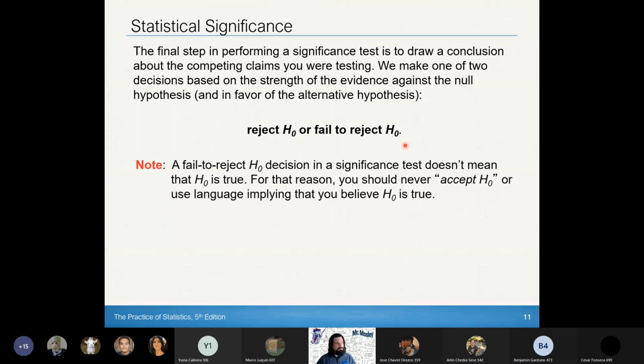Note: a fail to reject H naught decision in a significance test does not mean that H naught is true. For that reason, you should never accept H naught or use language implying that you believe H naught is true. It's simply we don't have enough evidence to say that it's not true. So we're going to fail to reject.